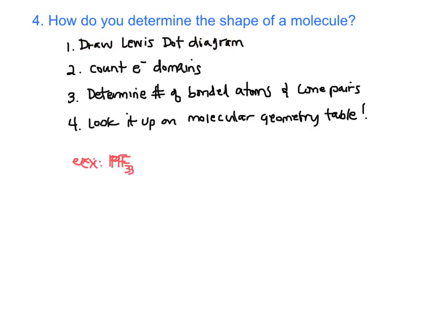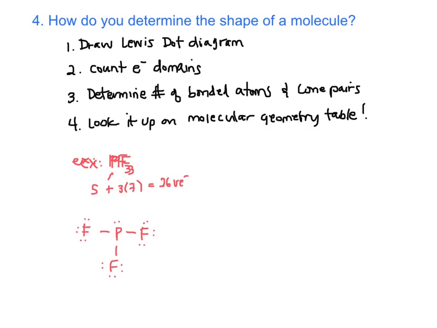So the first thing you're going to want to do is draw the Lewis dot diagram. In order to draw the Lewis dot diagram, you need to add up valence electrons, and then place those valence electrons around your central atom and the flanking atoms. So here would be the correct Lewis dot structure. You should know how to do that by now.